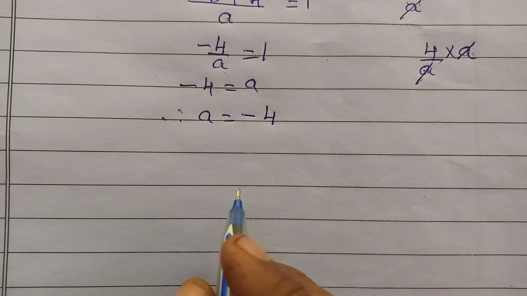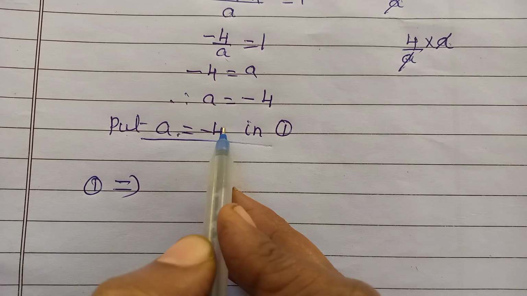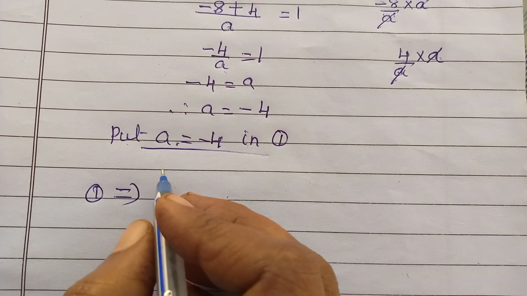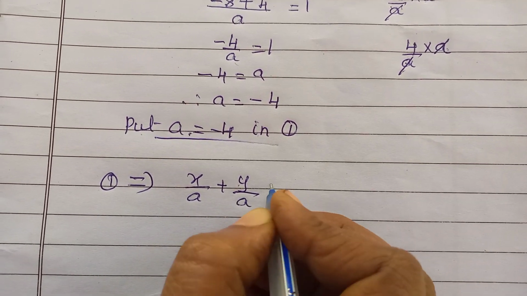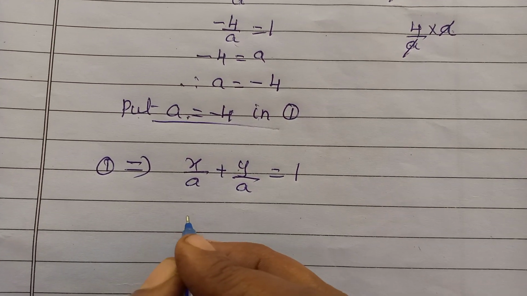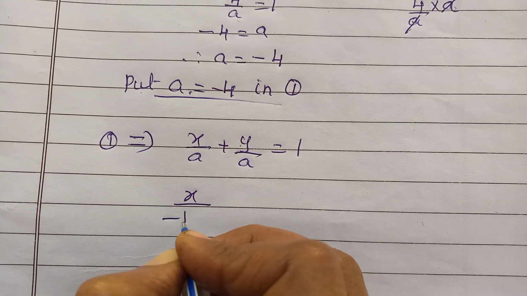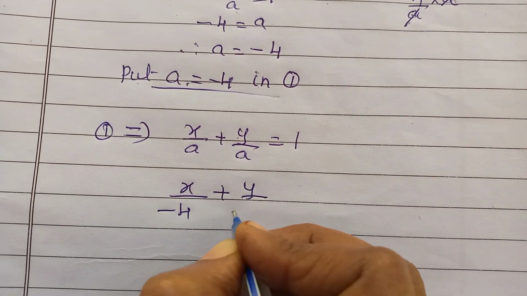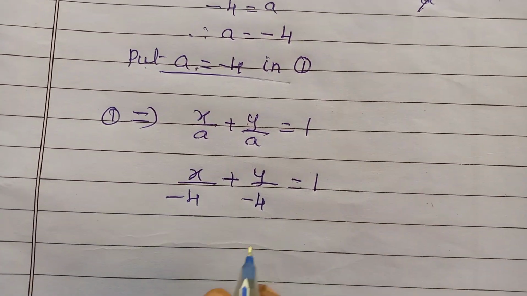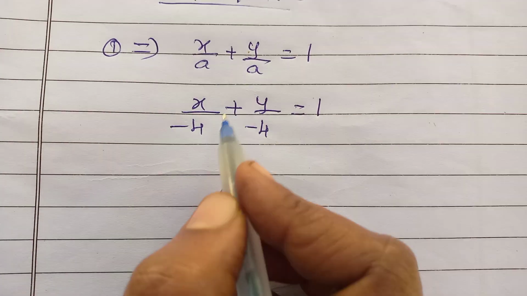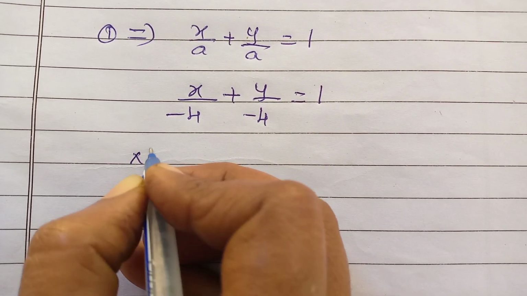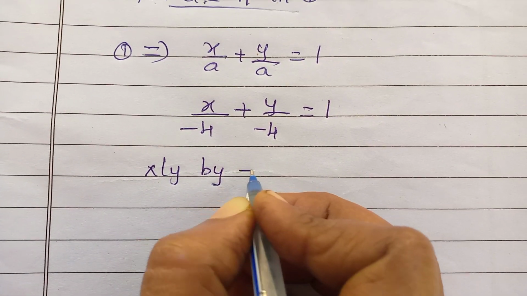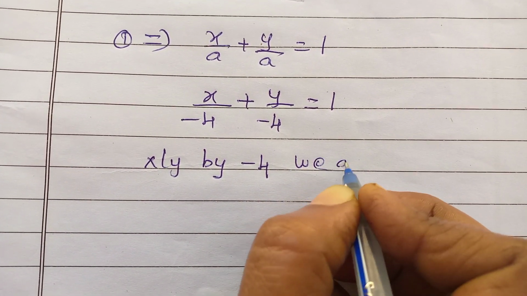Put a is equal to minus 4 in equation number 1. Equation 1 is x by a plus y by a is equal to 1. Put a is equal to minus 4, we get x by minus 4 plus y by minus 4 equal to 1. To get the required equation, throughout multiply by minus 4.